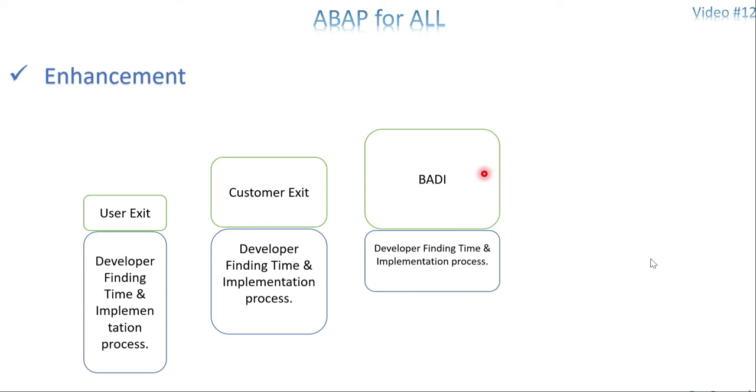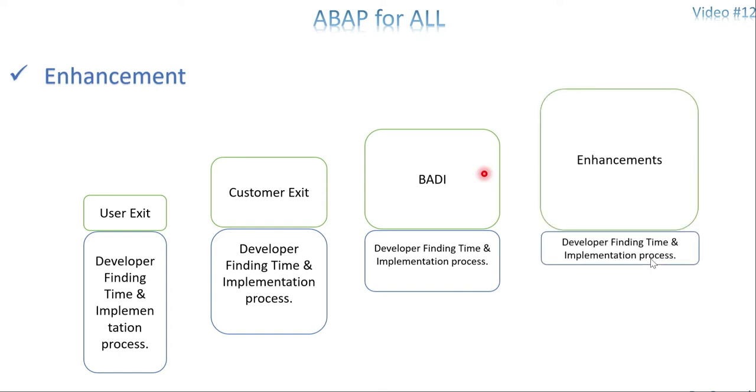A lot of other things are from SAP's side. And from a developer perspective, our time is also a little less compared with the customer exit. So BAdIs are a little easier and we have more options, especially the multiple use and the filter BAdIs, which are an added advantage on the BAdI side. So that's how it came.